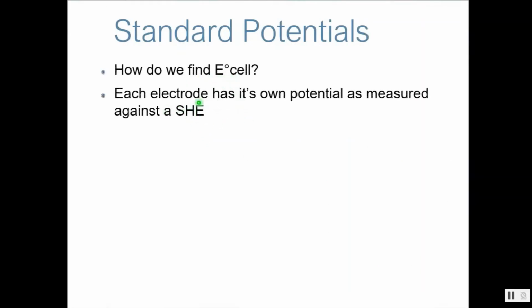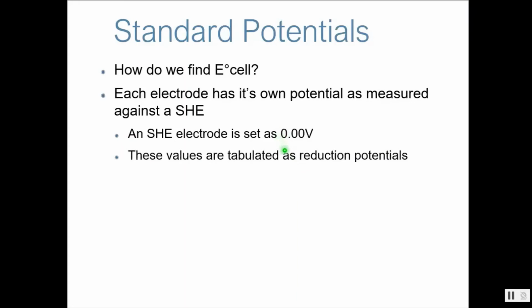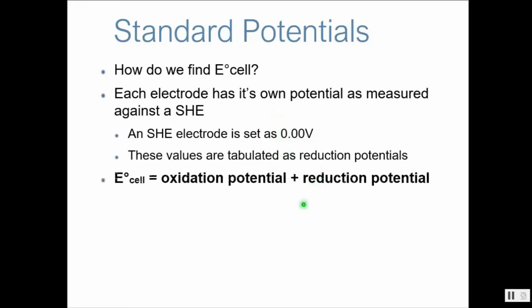Well, again, each electrode has its own potential that we've measured against that standard hydrogen electrode we talked about last time. The standard hydrogen electrode, because it's used as a reference, has 0 for its standard potential. And then all of the other values given in that table are relative to this.